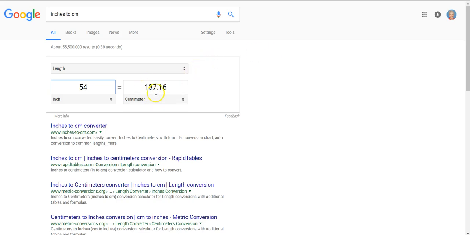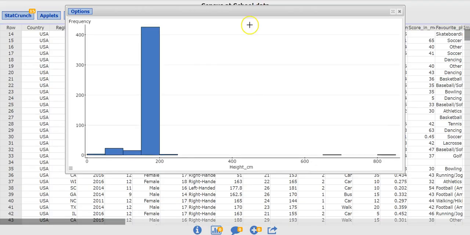That would be 137 centimeters. So we're going to be pretty skeptical of anything that is less than 130, maybe even 140, or something bigger than 220 or so.